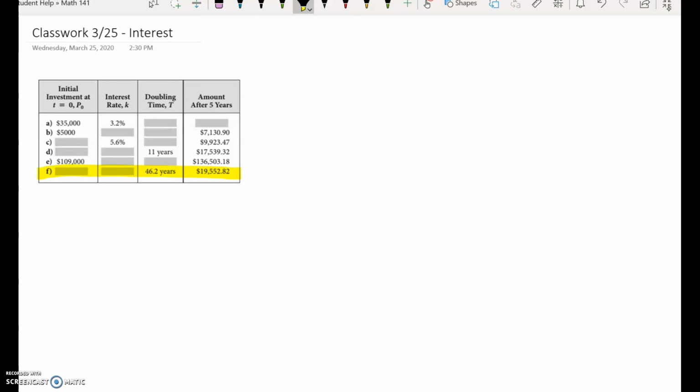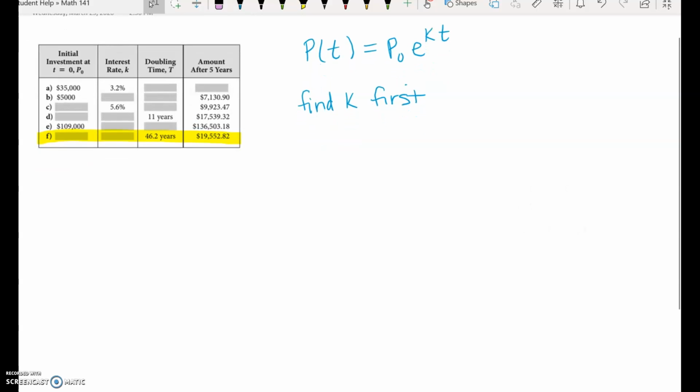And so we're trying to, again, get back to this original equation that we had. We don't know what k is, and we also don't know what p naught is, what the original amount that we invested was. So let's start by finding k. I'm going to use the letter I for our initial investment.